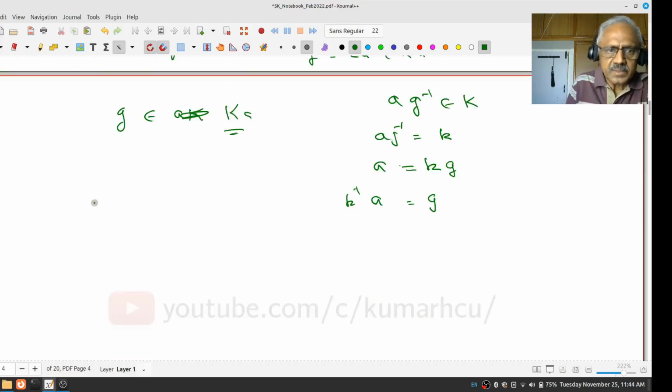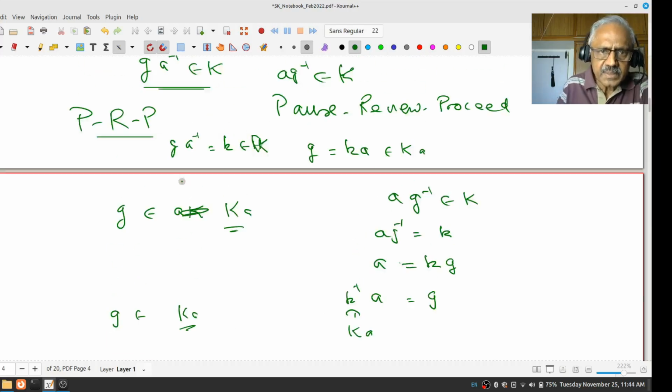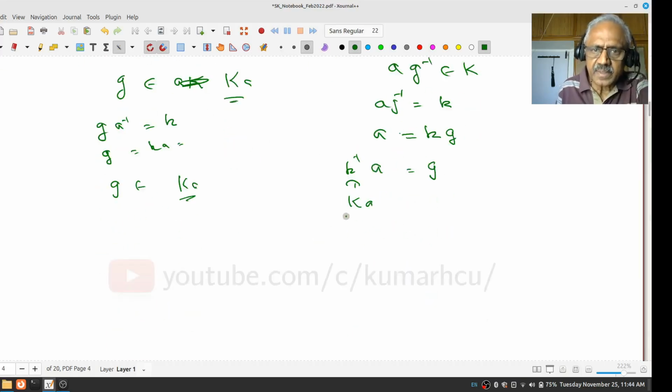And remember, since K is a subgroup, this is an element of K, therefore g belongs to Ka. And here k is allowed to vary.